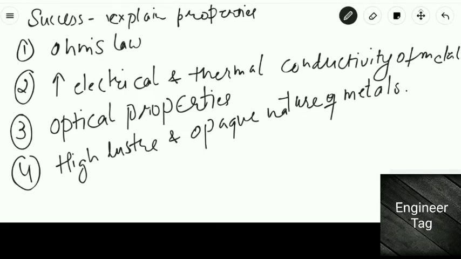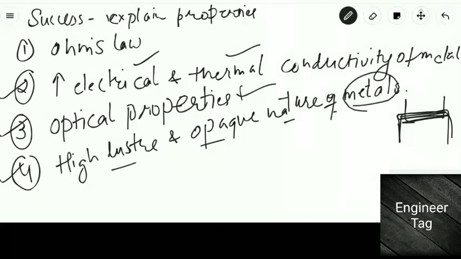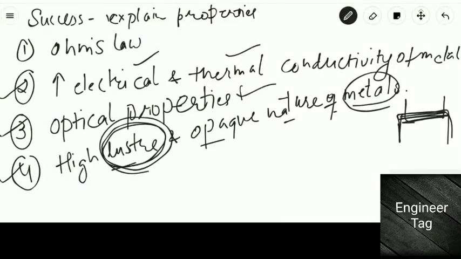Second, it was able to explain the high electrical as well as high thermal conductivity of metals. Why electrical and thermal conductivity are high, this theory explained. Third is optical properties, that is, it can explain the band gap. In metals there is no band gap, because the conduction band and valence band overlap. It can also explain this property. Fourth, it was able to explain the high luster and opaque nature of metals. The shine of metals it could explain, and also that metals are opaque to light. So these properties can be explained using this classical theory.